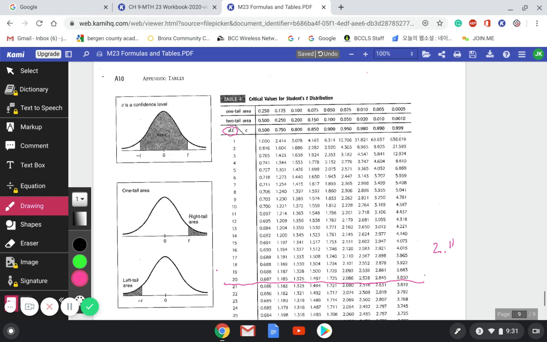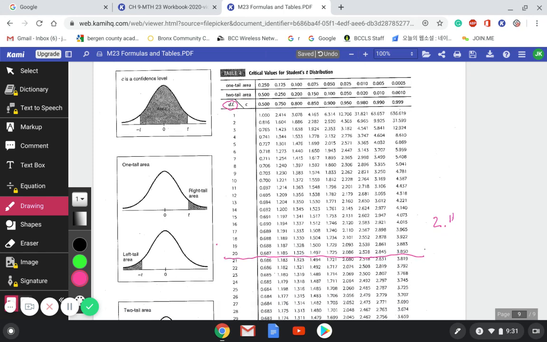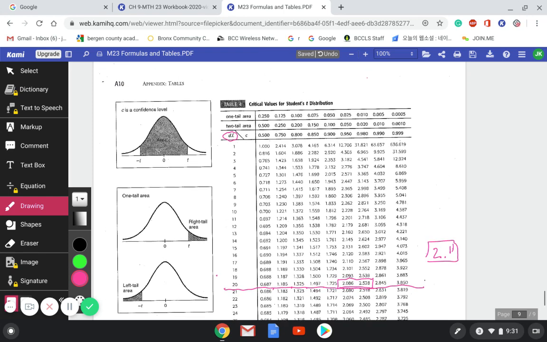From degree of freedom 20 you have 0.687, you have 1.185, and on and on. You have to see where 2.11 belongs in this table. 2.11 belongs between these two values, between 2.086 and 2.528.